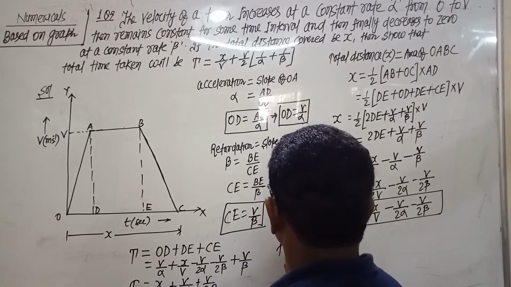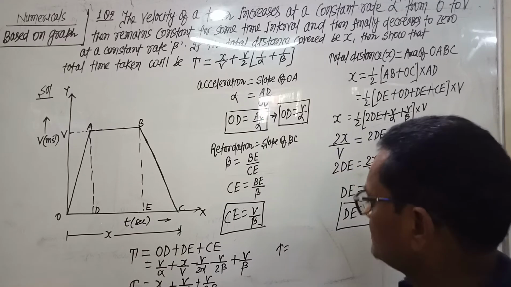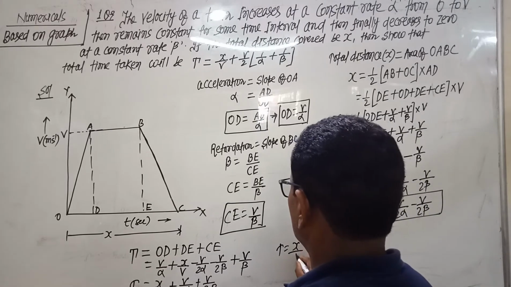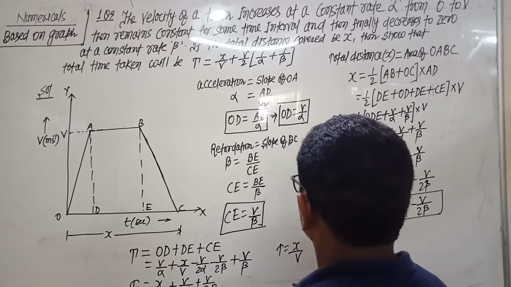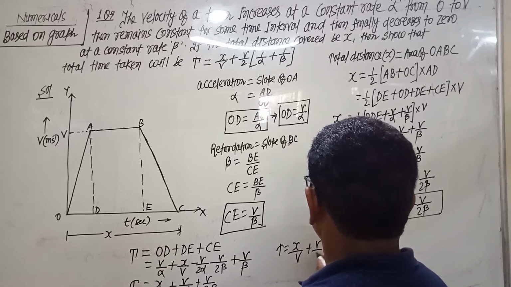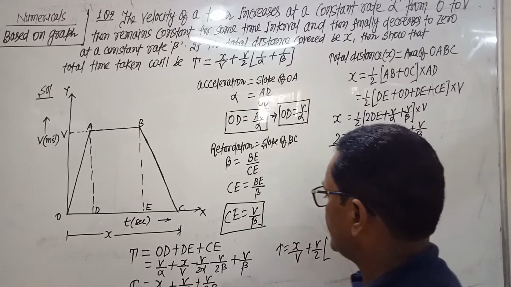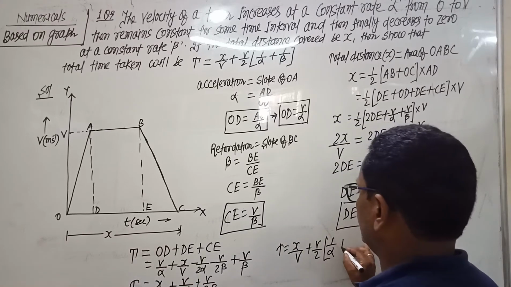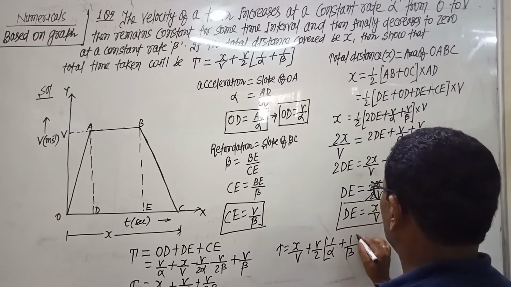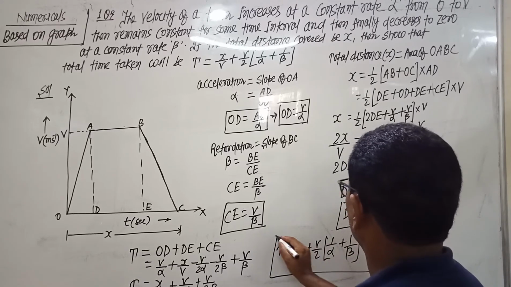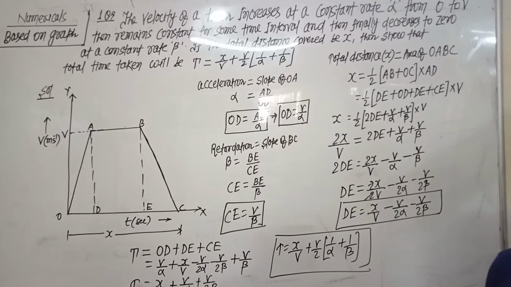So time t equals x by v plus, from these two terms we can take v by 2, and the remaining we get 1 by alpha plus 1 by beta. So this is the total time taken to cover the distance x.